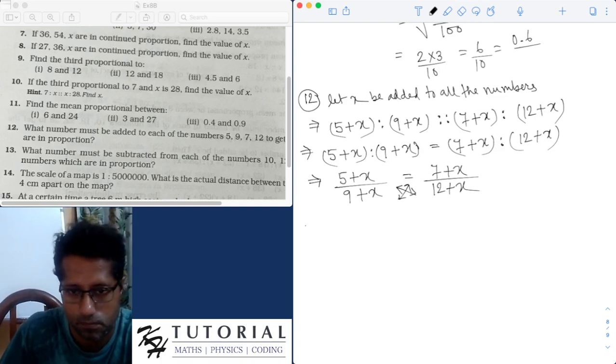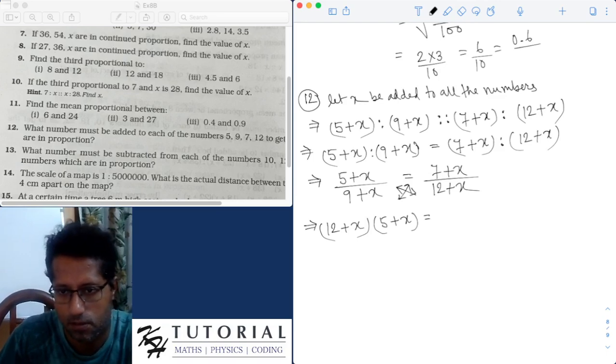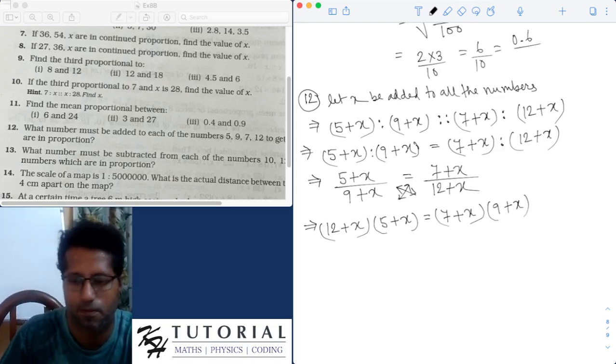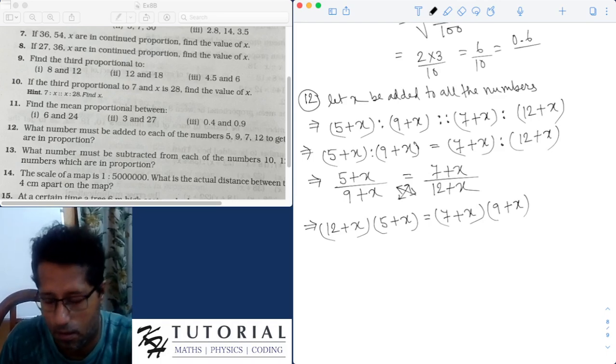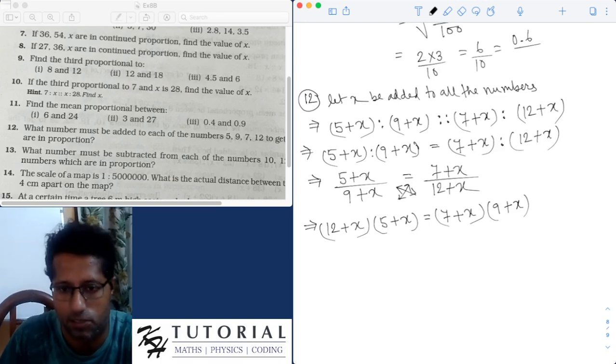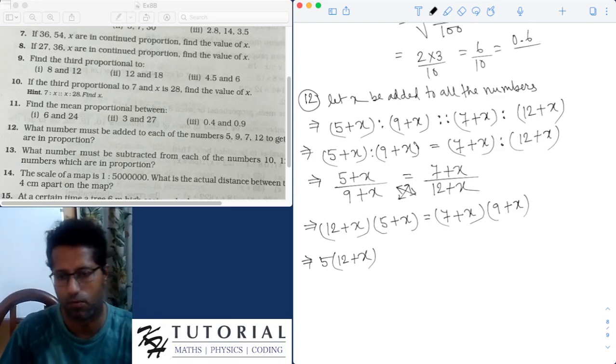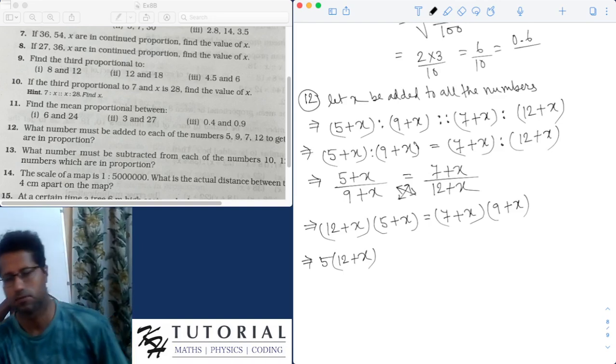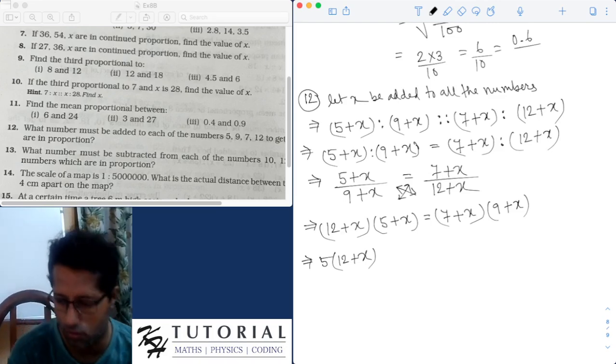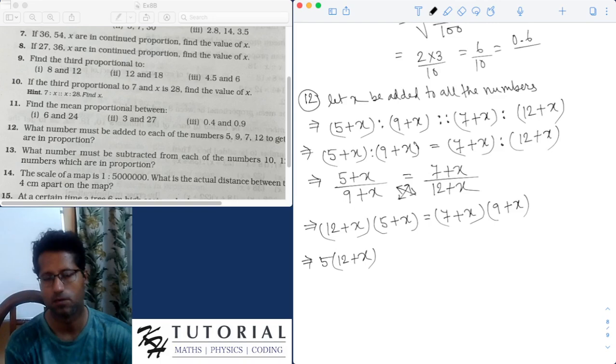So now if you do the cross product, we get 12 plus x multiplied by 5 plus x equals 7 plus x multiplied by 9 plus x. Now if we open the brackets on both sides using the distributive law of multiplication over addition, for the product of two binomials you will have to use the distributive law twice.